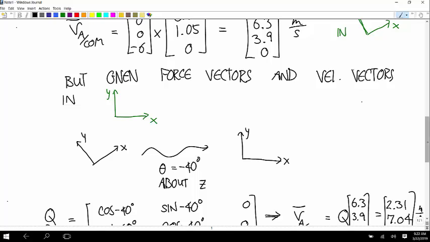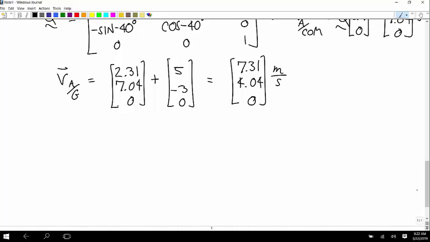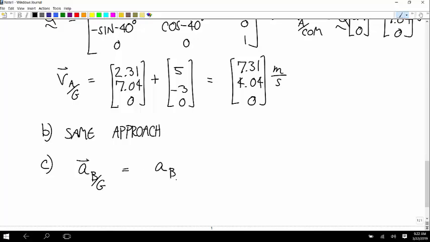But let's calculate the acceleration. So B is the same approach. And then for C, we want to calculate the acceleration of the point B. The acceleration of B relative to the ground is equal to the acceleration of B relative to the center of mass plus the acceleration of the center of mass relative to the ground.